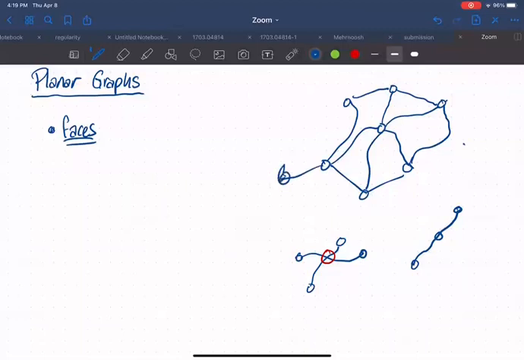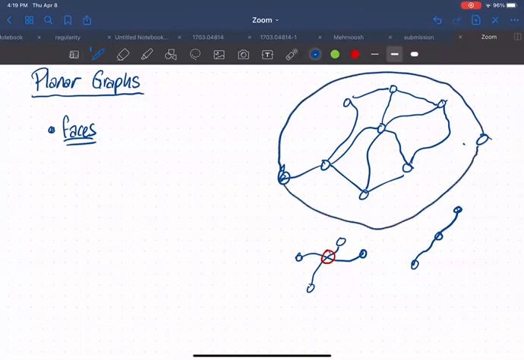Well, they are what you would get if you imagine that this graph was drawn on a piece of paper, and I took an X-Acto knife and I cut through all of the edges and all of the vertices.